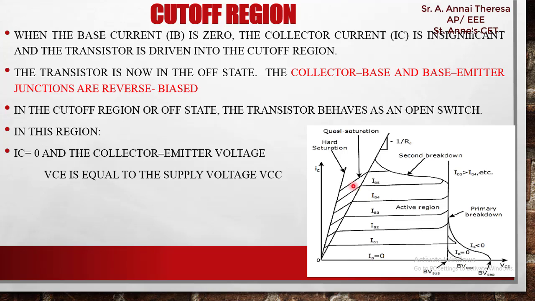When the base current IB is 0, the collector current IC is insignificant, and so the transistor is driven into the cutoff region. Now the transistor is in the off state. So the collector base and base emitter junctions are reverse biased.